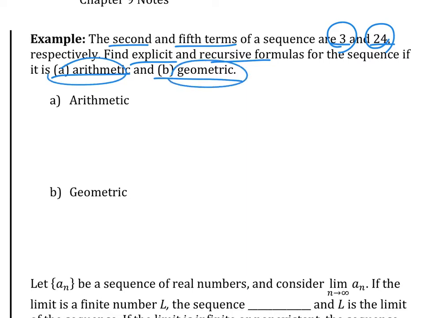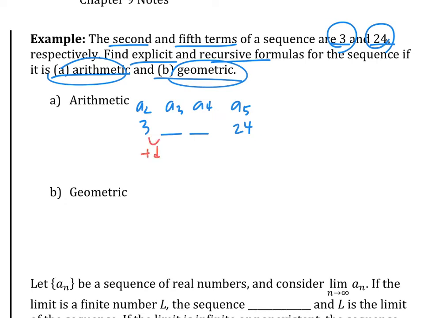Okay, so let's solve it if it were arithmetic. So it tells us that the second number is 3. The fifth number is 24. So there are some numbers in between, A3 and A4. We don't know. But we know that we got to the next number by adding because it's arithmetic.